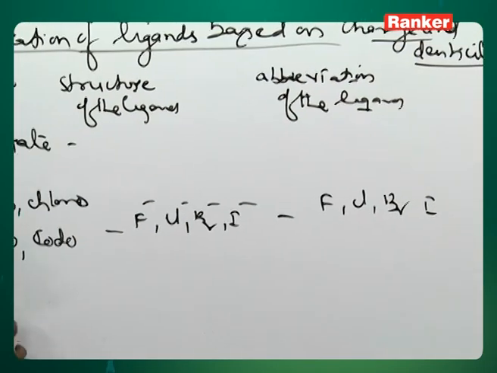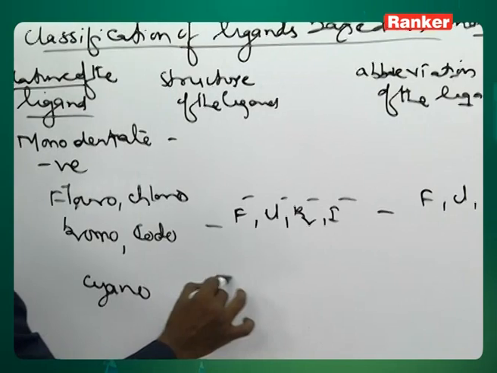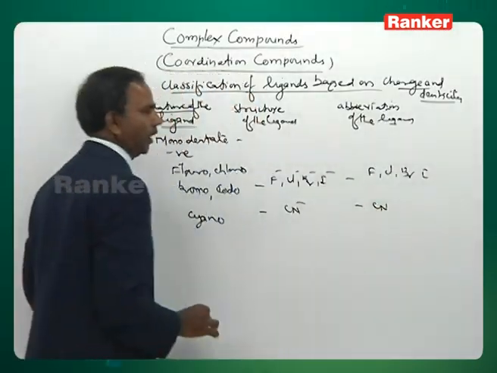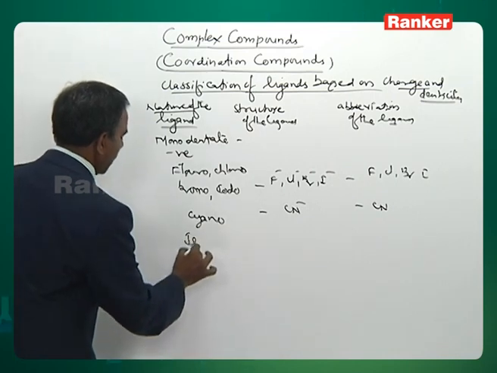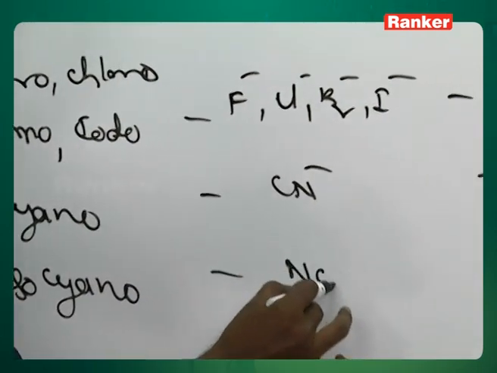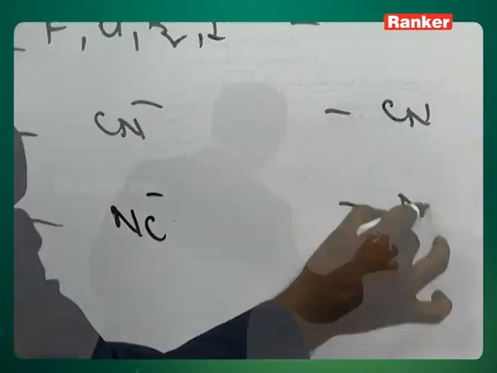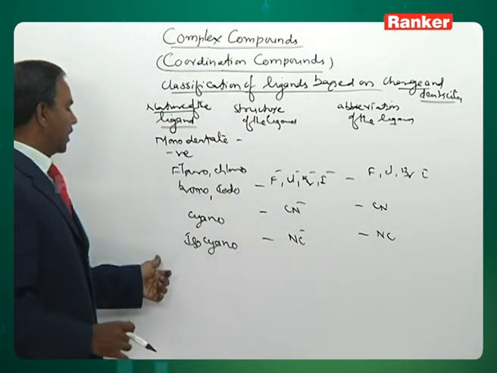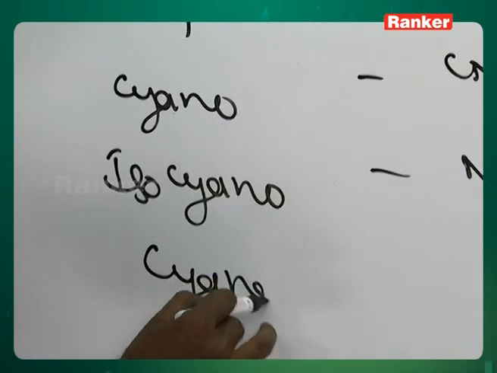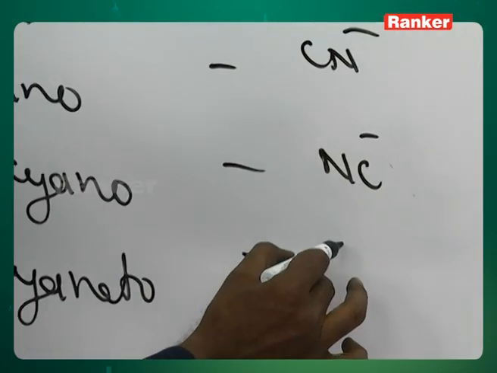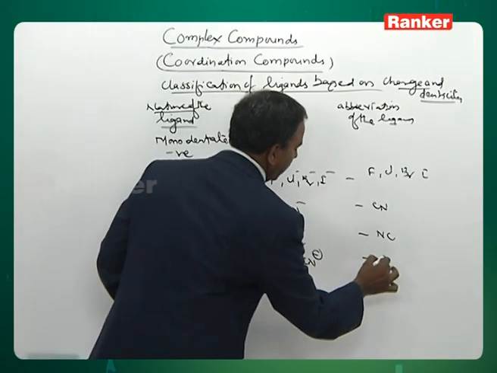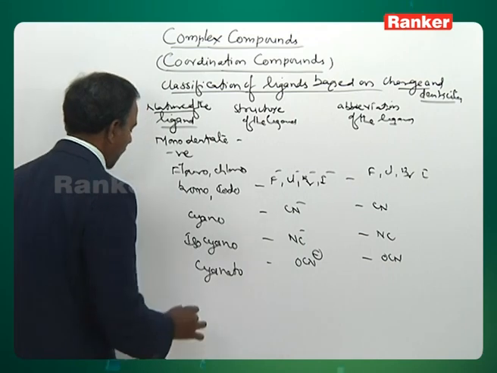Next let us consider cyano. Cyano is simply CN minus, it is CN. Isocyano is NC minus, it is NC. Next cyanato, we can consider simply OCN minus, it is OCN.